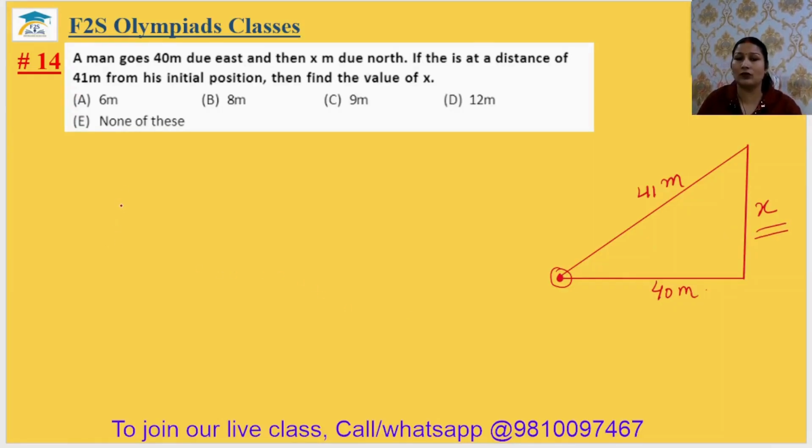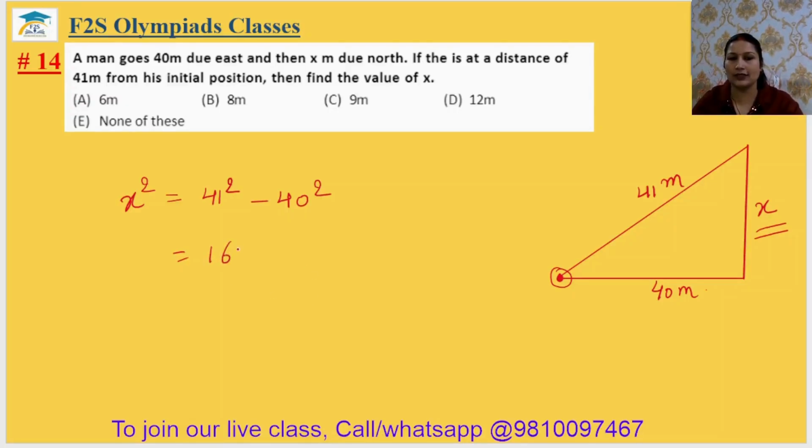Using Pythagorean triplet, we can write X square equal to 41 square minus 40 square. For 41 square, 41 multiplied by 41 is 1681.